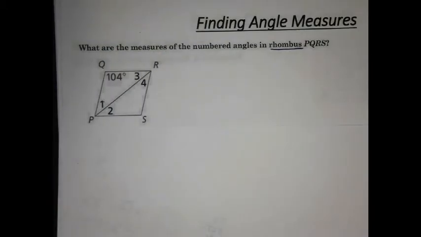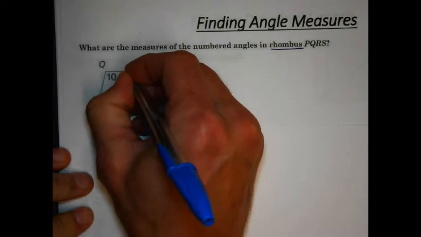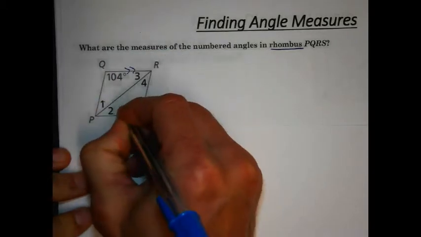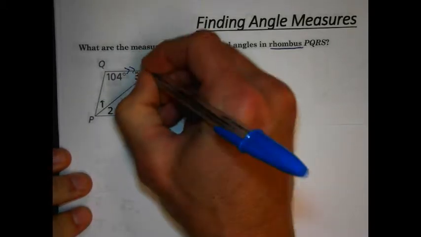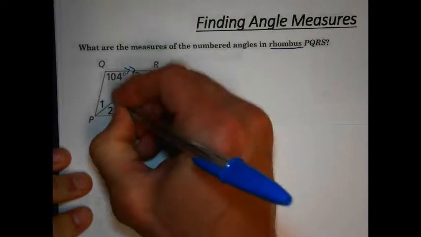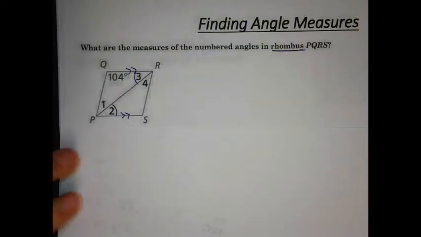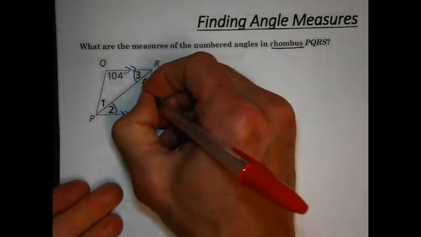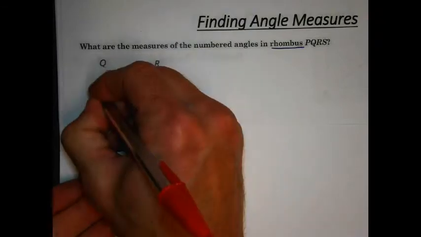But what's interesting, and we talked about this briefly, is if this is a parallelogram, these two are parallel. That means we have angle 3 and angle 2 congruent to each other because of alternate interior angles. But check this out. If this is a parallelogram, that means we have both pairs of opposite sides parallel.